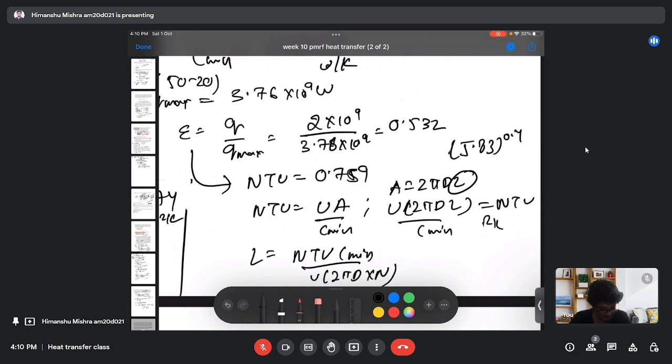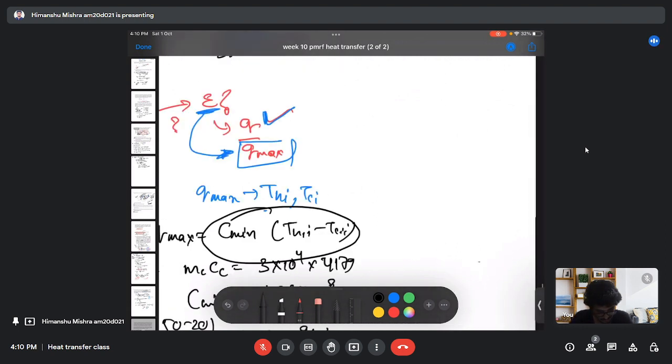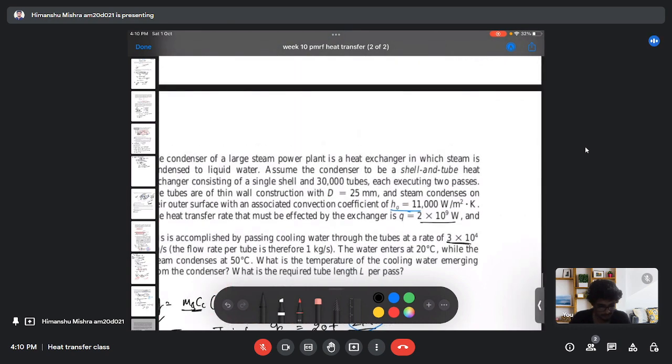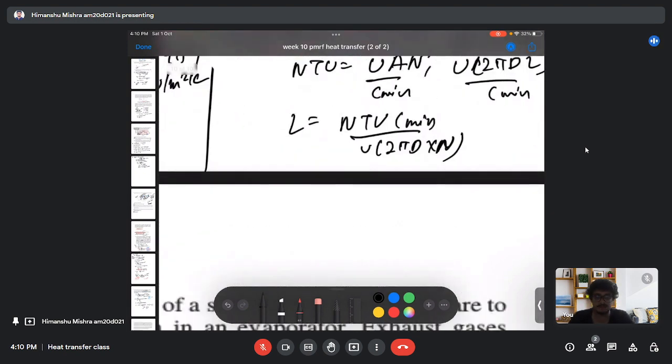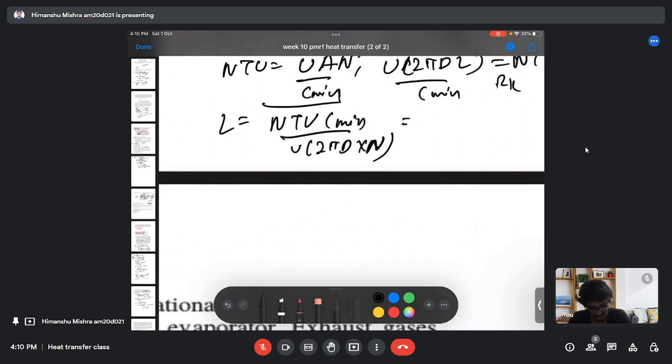Here I am multiplying by N because in the question we are given that there are 30,000 tubes. So this NTU relation is for each tube, and by multiplying with the total number of tubes, we can determine the total length of the heat exchanger. So we just need to put in the values.